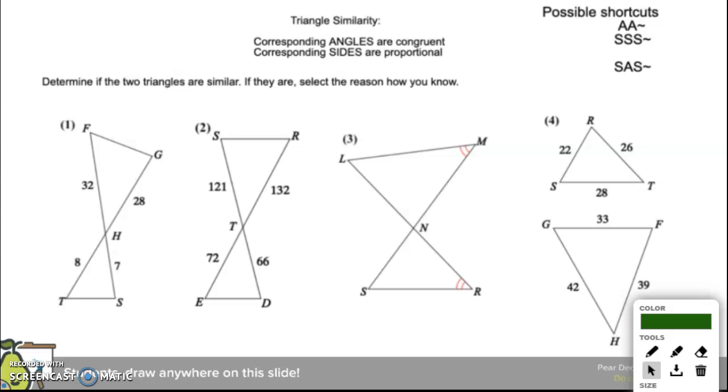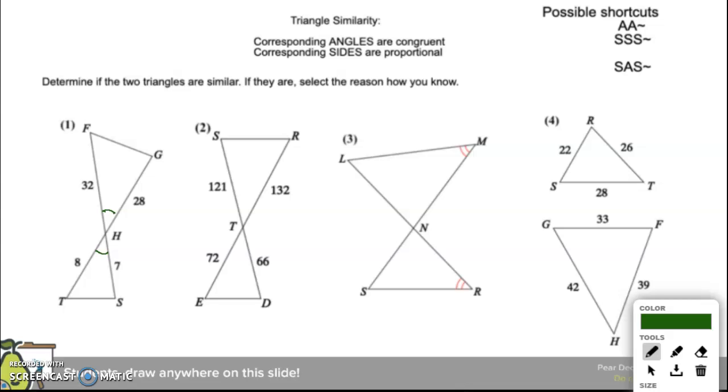So let's see what we have. Well, what do we have? The possible similarity shortcut we could have is that we are given two sides and the included angle. So the possible one is SAS. But before we can do that, because it's SAS, we know that the vertical angles are always going to be congruent.